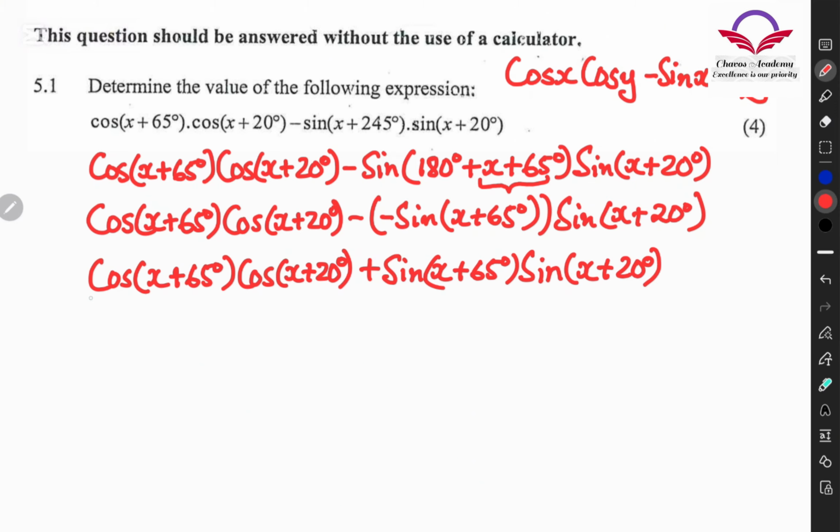So here you're going to apply the compound rule of cos.